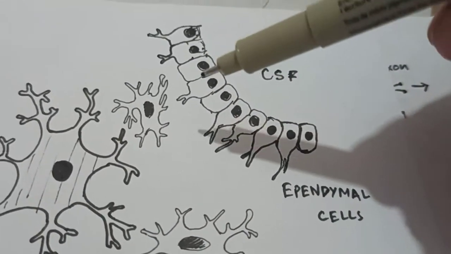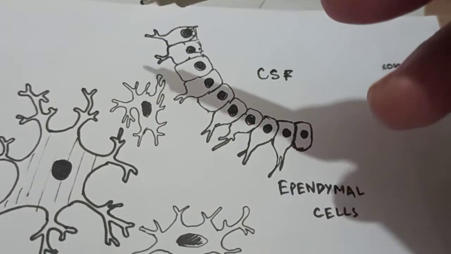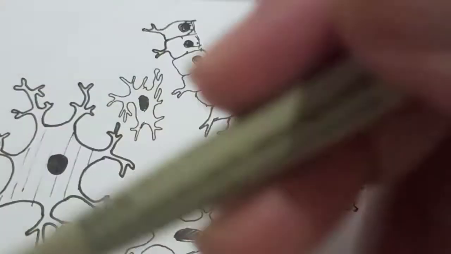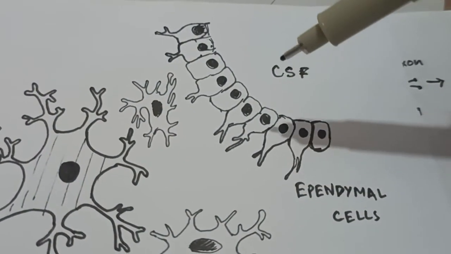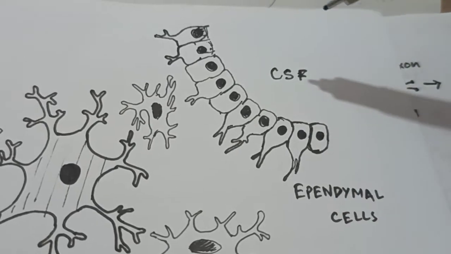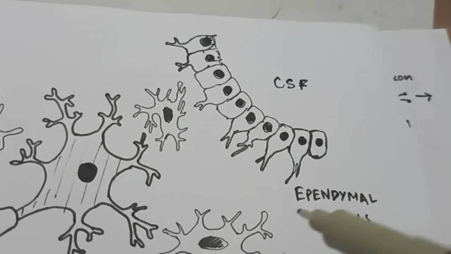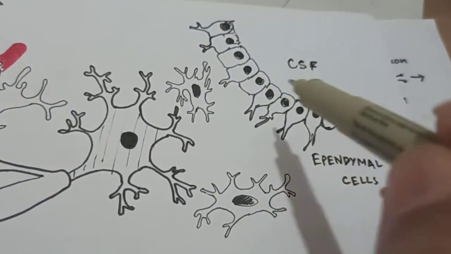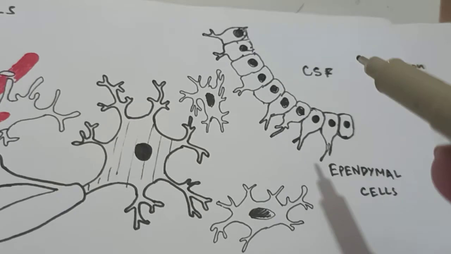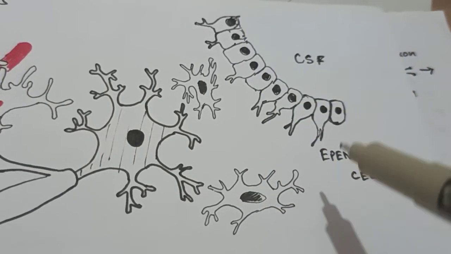Its main purpose is giving protection to the entire nervous tissue, and it is also responsible for the production of the cerebrospinal fluid. That will be the major purpose of the ependymal cells. The total barrier or covering of the central nervous system is made up of this ependymal cell.